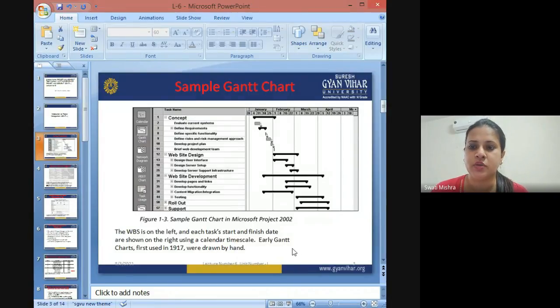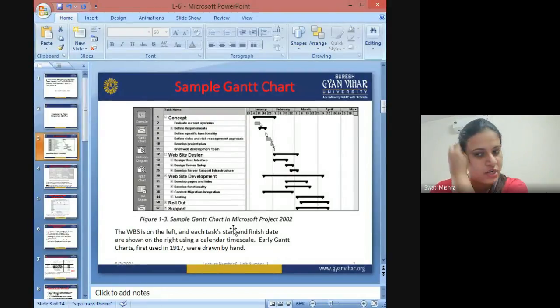So with this you can actually see the work breakdown structure, and each and every work package is mentioned over here one by one, and how much time will be required to complete each task, right from the starting date till the ending date is shown here. So from this you can have an idea of what exactly is meant by a Gantt chart, right?